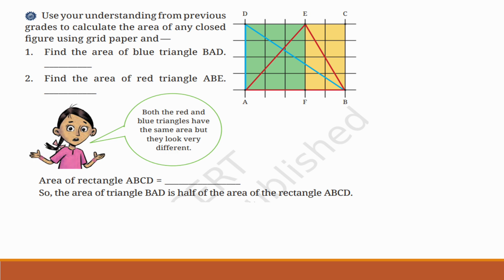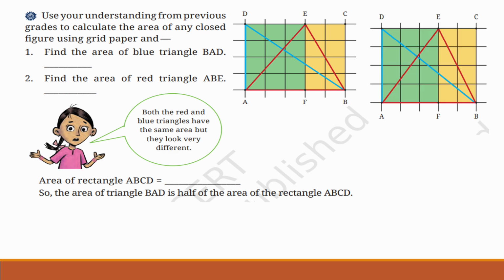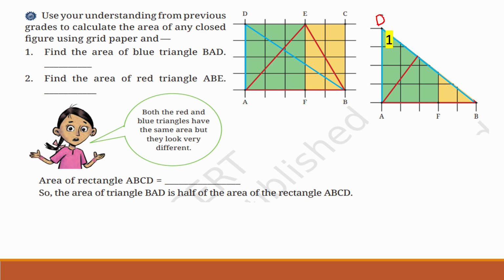So, first, find the area of the blue triangle BAD. We can count like this. How many units are there?